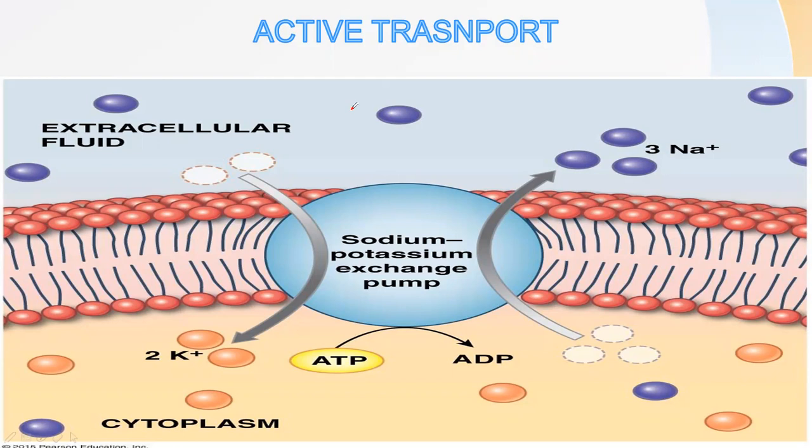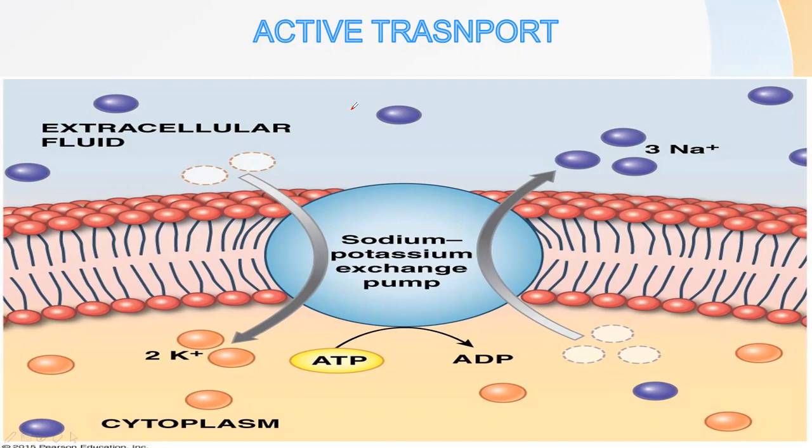As they leave the potassium ions, right away these sodium ions attach to the active transport proteins, and these transport proteins bring these sodium ions inside of the cell, like an exchange.